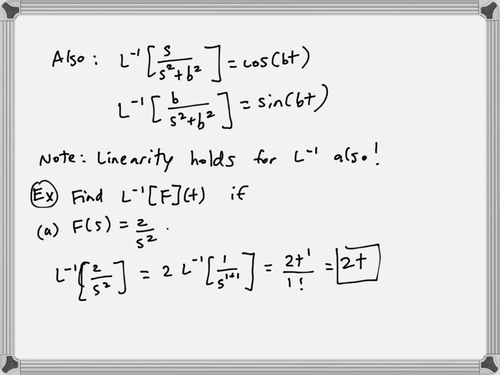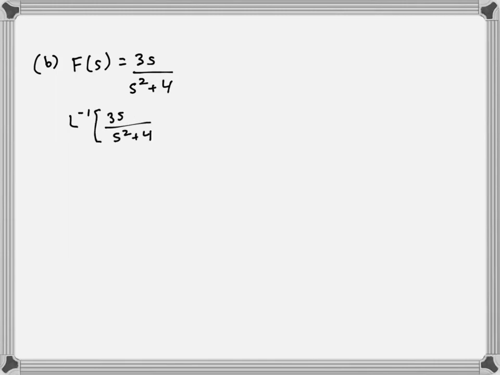Let's try another example. So this will be part B. Let's suppose that capital F of s is equal to 3s over s squared plus 4. Well, the Laplace inverse of 3s over s squared plus 4, if you pull the 3 out, it becomes 3 times the Laplace inverse of s over s squared plus... Now I'm going to write it in this form.